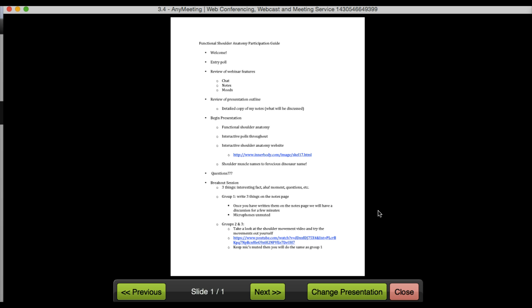It's kind of a lengthy section. I didn't want to do it right in the middle of the presentation because it might get a little boring, but the shoulder definitely has a lot of range of motion, and it's good to see examples of that, and you'll also be able to interact a little bit and try those out yourself while you're waiting. So we'll go ahead and get started here.